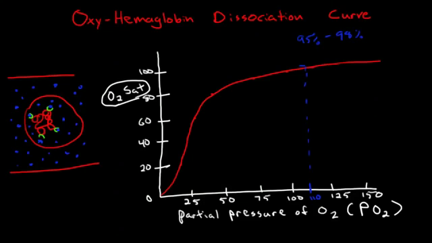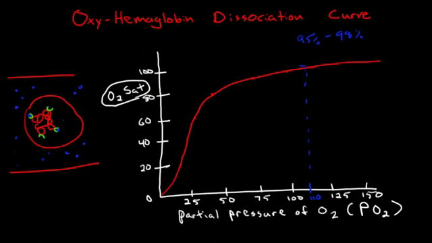What's interesting is, as this partial pressure drops and we have a lower concentration of oxygen in the bloodstream, some of these oxygens are going to fall off of the hemoglobin and detach, and this just happens naturally because it's a relatively loose and reversible bond.